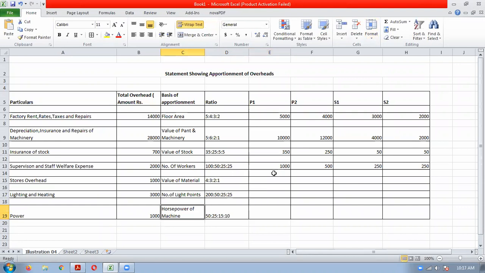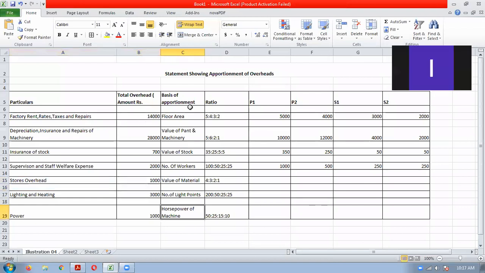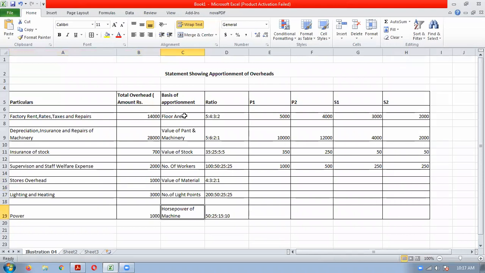Clear? So like that you can divide these overheads on the basis of different bases. What is important is that you should remember these bases, because if an MCQ comes in the examination, they will ask insurance of stock on what basis you can divide. So you should know it will be divided on value of stock.